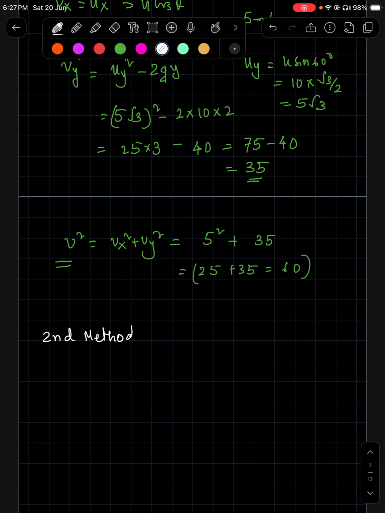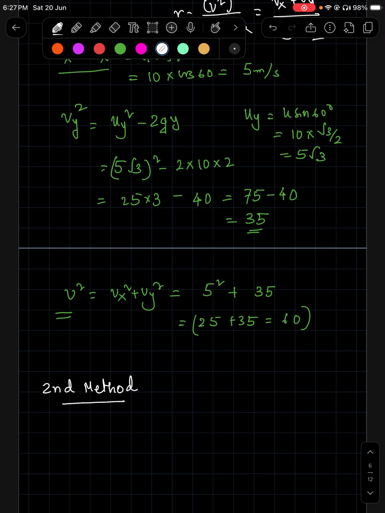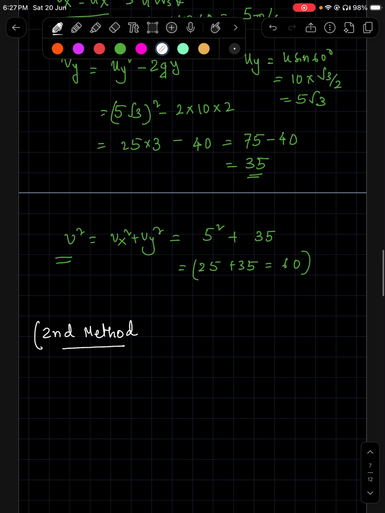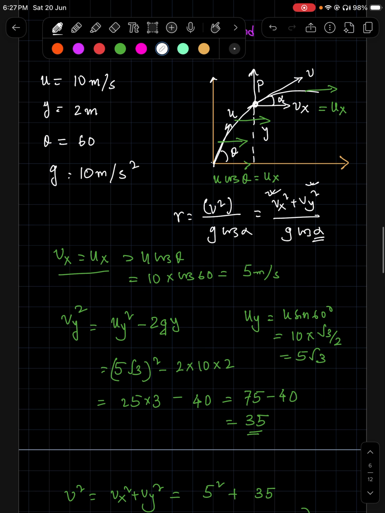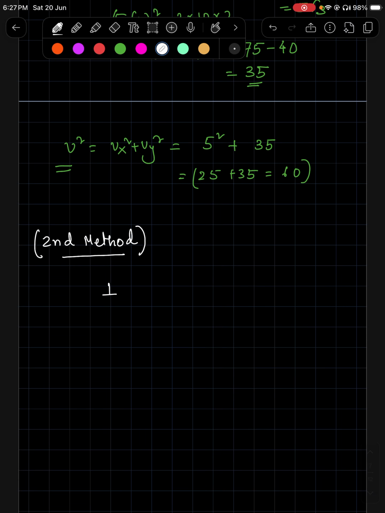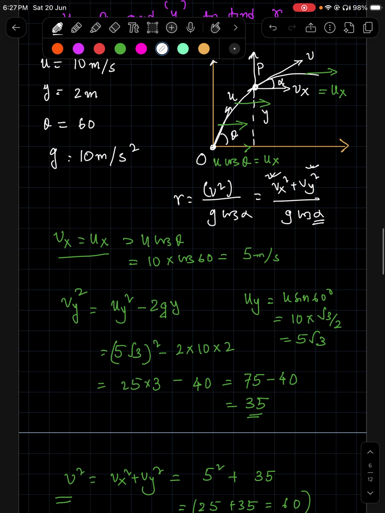if you use the energy conservation principle, because the particle is moving under gravity and gravitational force is a conservative force. You can use the energy conservation principle here: my total energy at the initial position O is the total energy at the position P. So total energy at the position O is simply the kinetic energy, half m u square, and total energy at the point P, where it can reach a height y.